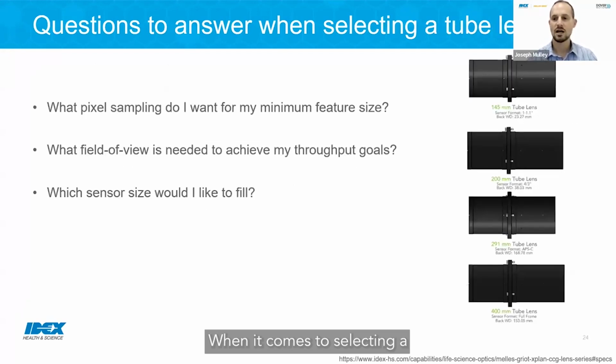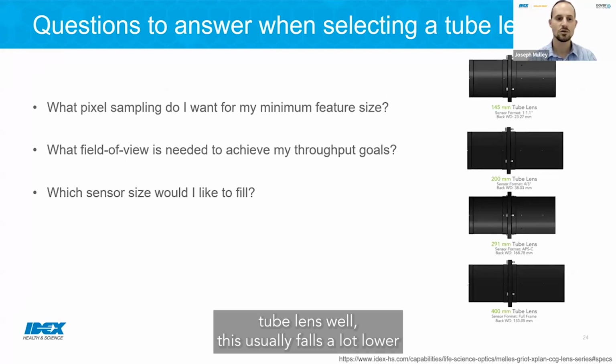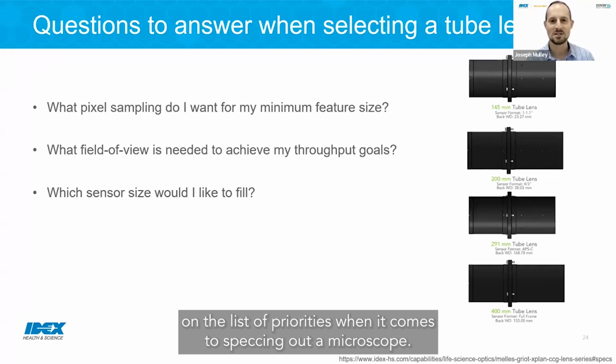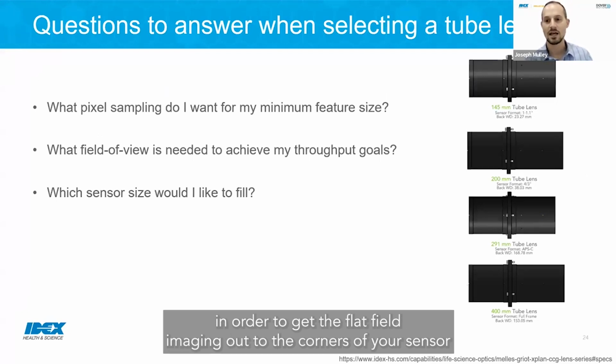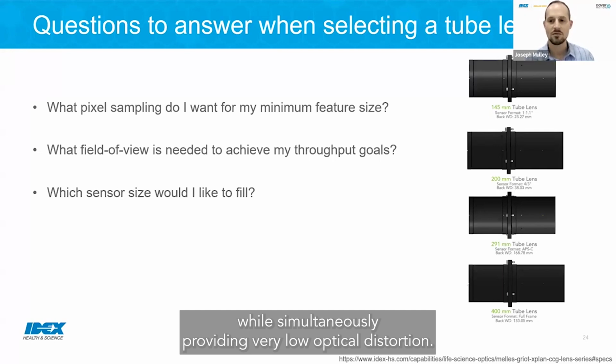When it comes to selecting a tube lens, well, this usually falls a lot lower on the list of priorities when it comes to speccing out a microscope. But IDEX, again, understands that getting the right tube lens is critical in order to get the flat field imaging out to the corners of your sensor while simultaneously providing very low optical distortion.